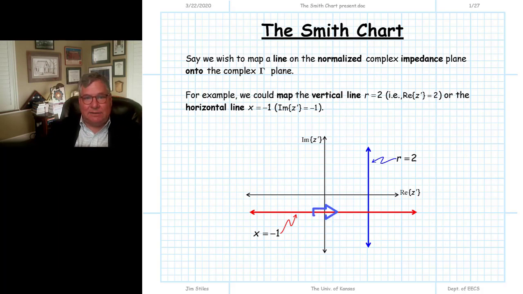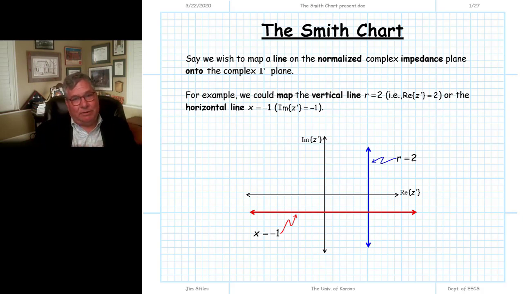As we move to the right from that point, we find the resistive component is increasing, and of course, it will increase toward infinity. And as the resistance increases toward infinity, we find an impedance which has a real part of infinity and an imaginary part still of minus 1. Yet, if we take the magnitude of such an impedance, we would find its magnitude is infinity.